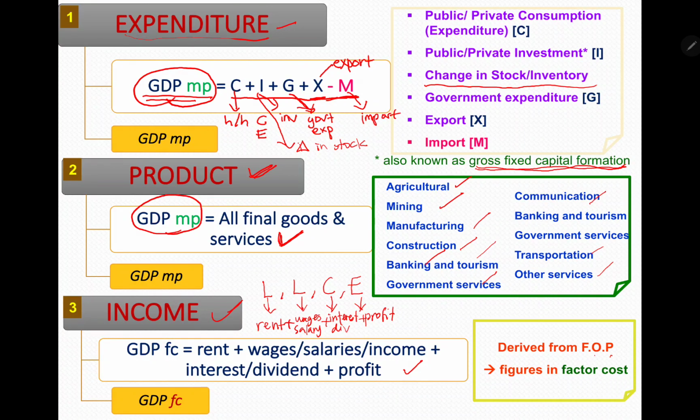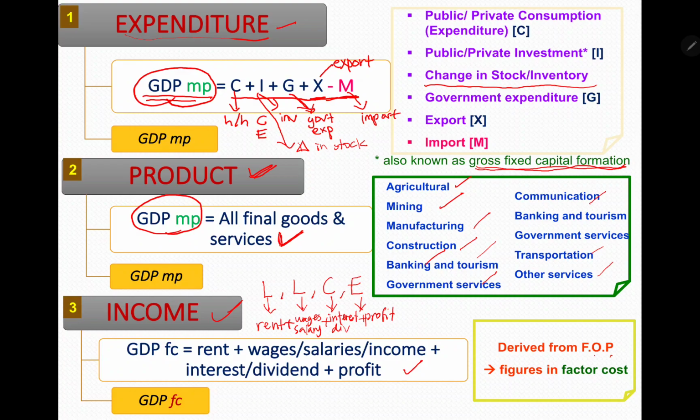So as a conclusion, or in short, for expenditure, you measure all expenditure made in the economy by the household, by the firms, by the government, and the foreign sector, and it will represent your national income based on the expenditure approach, and that formula will represent the GDP at market price. For the product approach, you total all the market value of goods produced in all economic sectors.